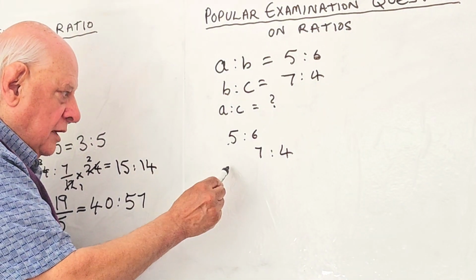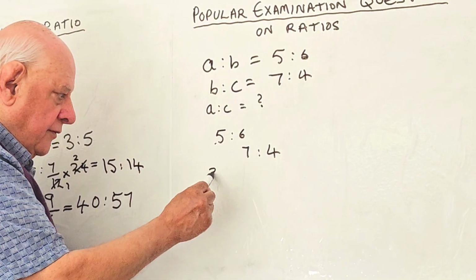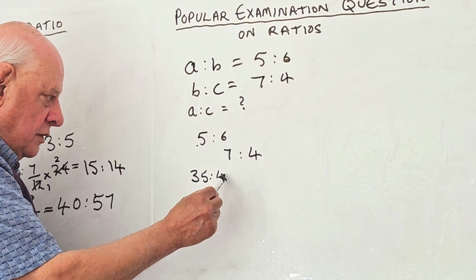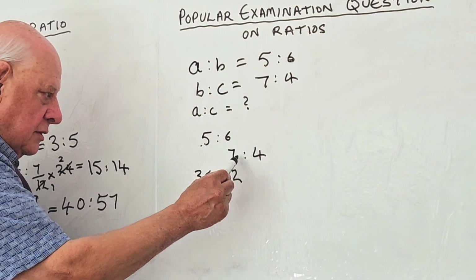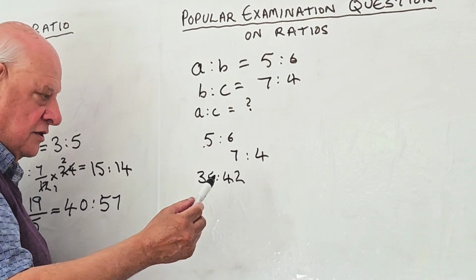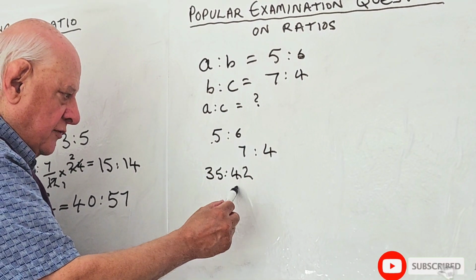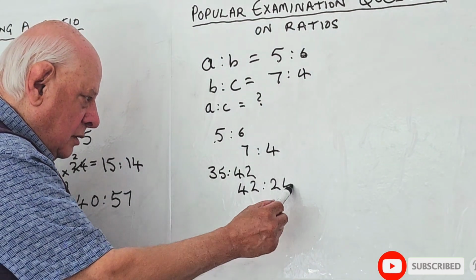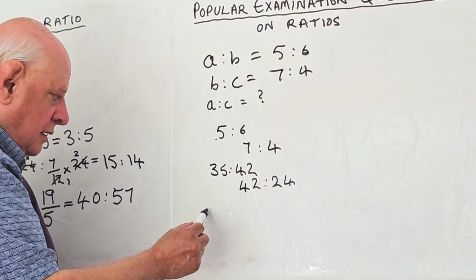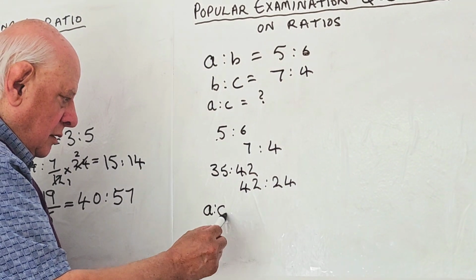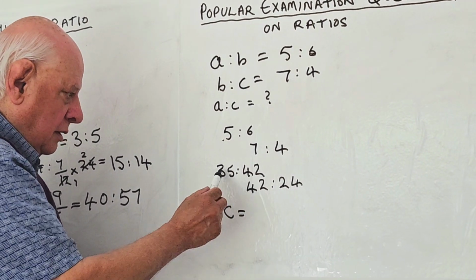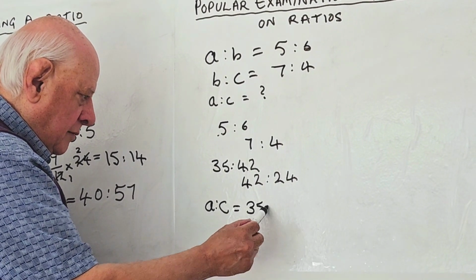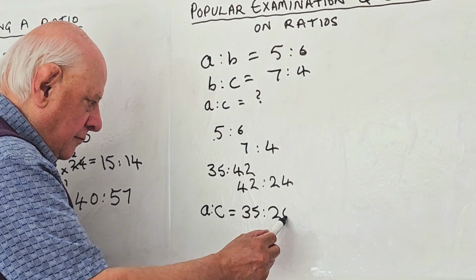So this becomes 35 to 42, and this one multiplying each part by 6, remember that doesn't change the ratio, that becomes 42 to 24. And so our final answer, A to C, will equal 35 to 24, cutting out the middleman. Okay, that's it.